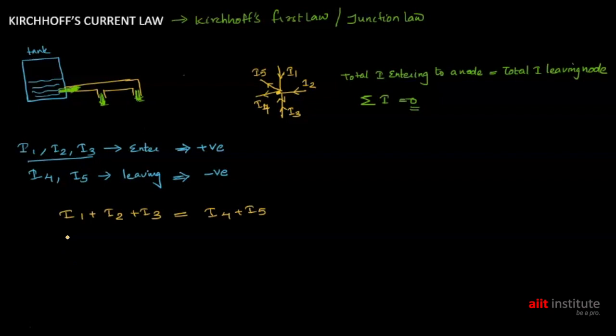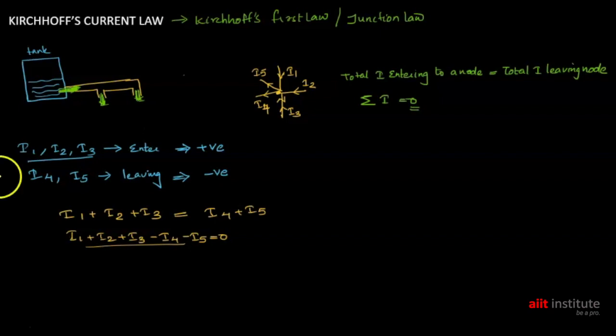We can write this equation as I1 plus I2 plus I3 minus I4 minus I5 equals 0, which means the sum of currents at the node is equal to 0.